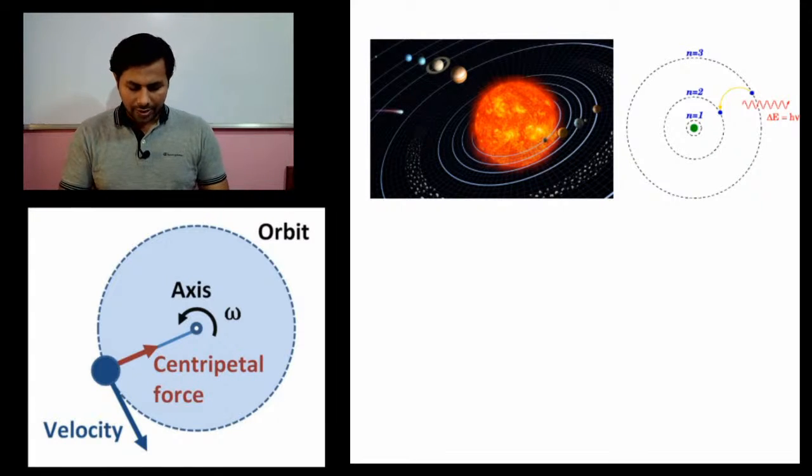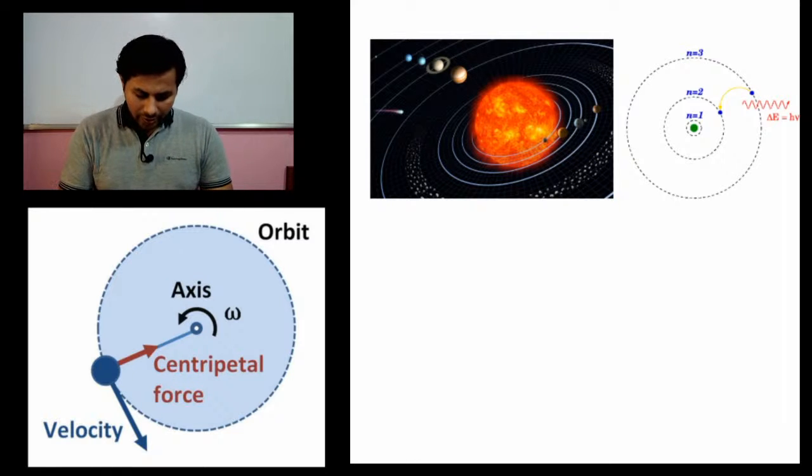But from Newton's second law, we know that force is equal to mass times acceleration. So to cause an acceleration, we need a force. The force acting on an object performing circular motion is known as the centripetal force, and this is a real force needed for the circular motion.